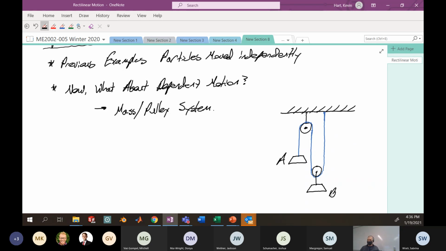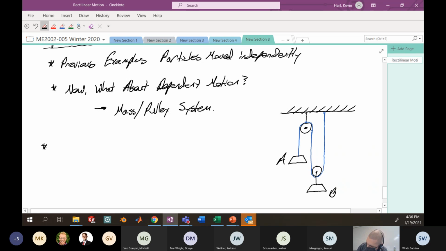And so you need some way to define how A and B are moving relative to each other to learn some information about what happens to B if you do something to A. All right, so this is the classic system.